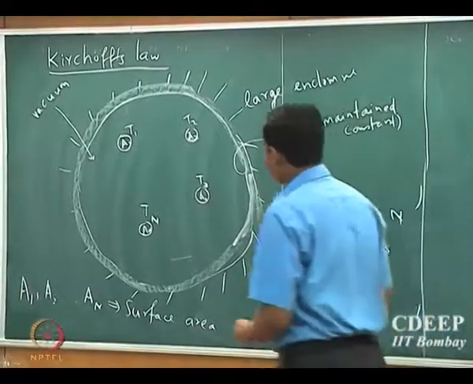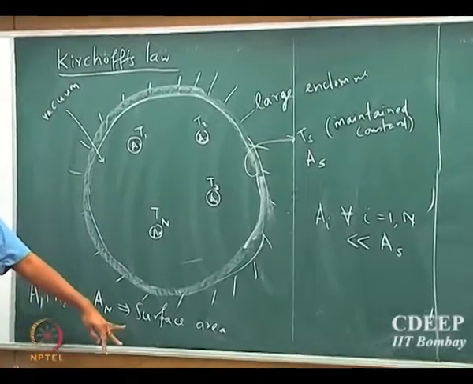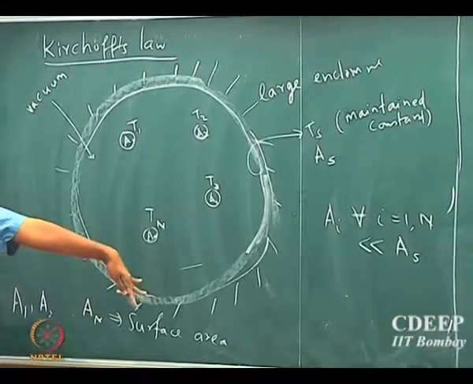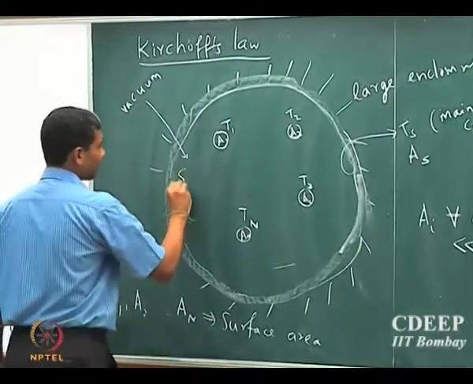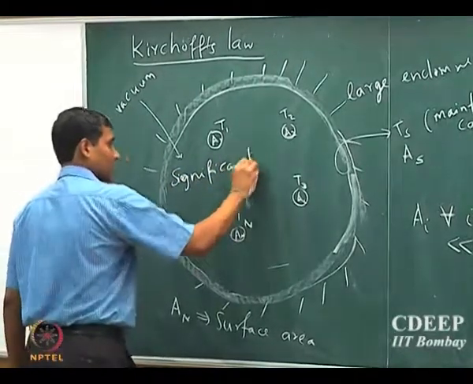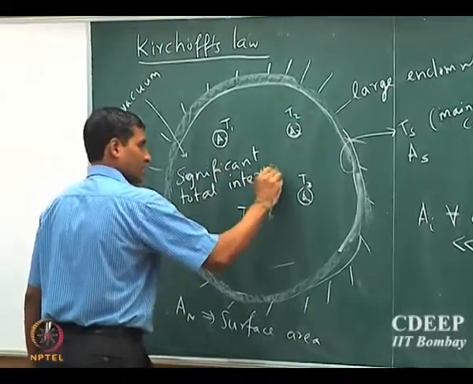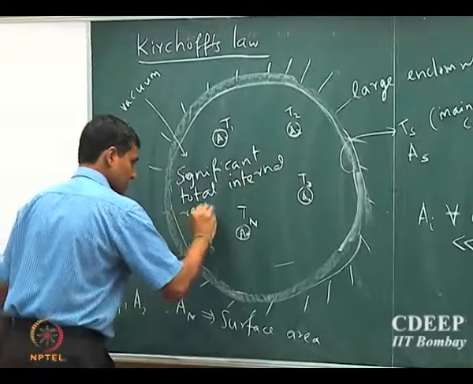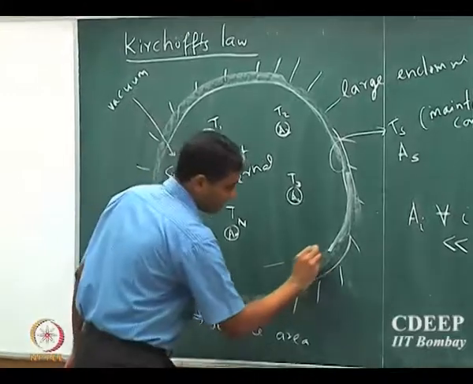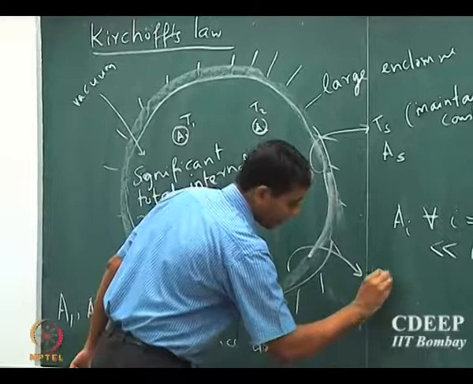Because the surface area of all the objects that we have considered is significantly smaller than the surface area of the enclosure, there will be significant total internal reflection inside the enclosure, and therefore the inside surface of this enclosure is going to behave like a blackbody.